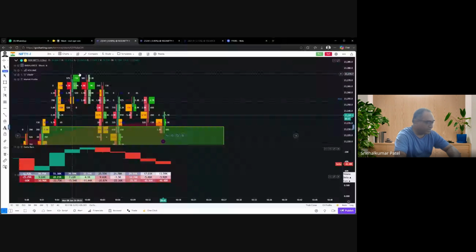Whoever bought at this level, they are still trapped. In this candle, whoever bought, or probably in this candle, they both are trapped yet. They haven't found their exit.